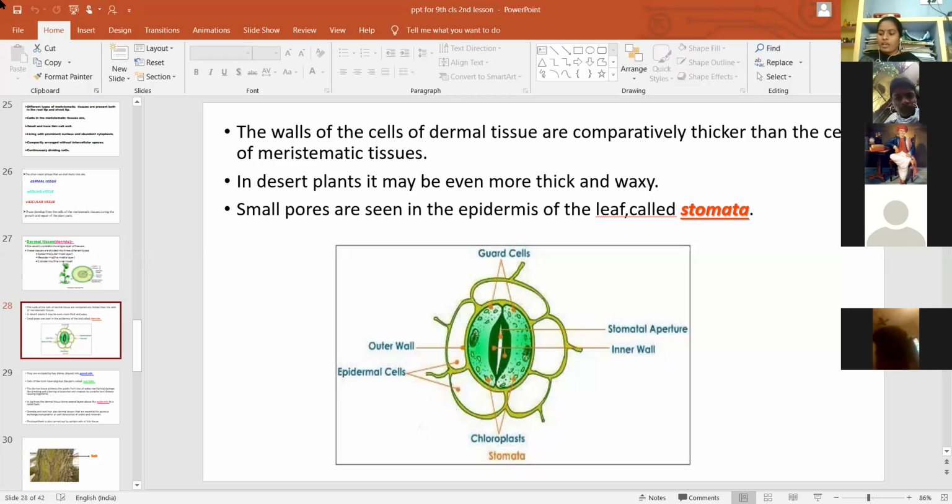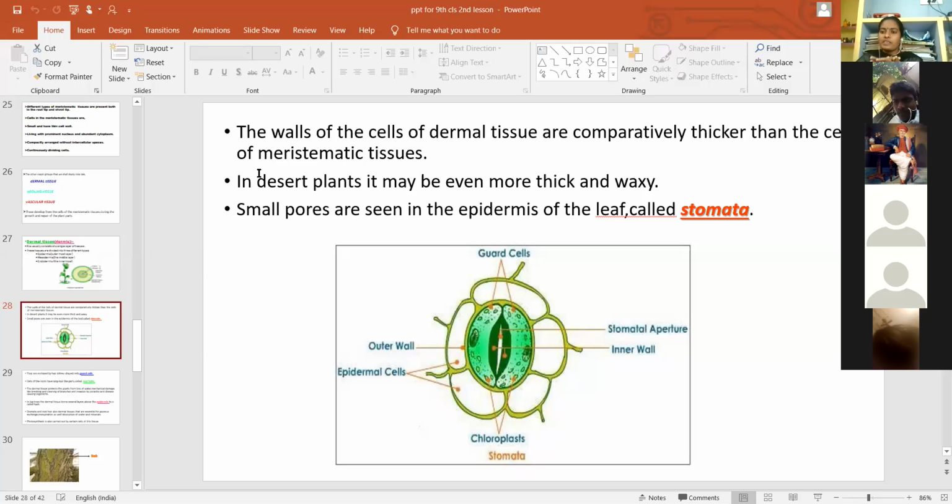Next, we have seen some small pores in the epidermis of the leaf. That is called stomata. We have seen some tiny pores in the epidermis of the leaf. What is the epidermis of the leaf?